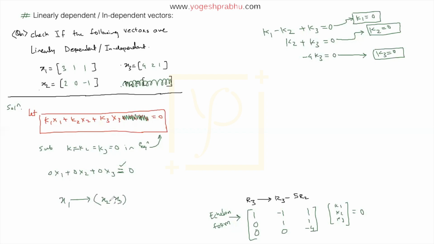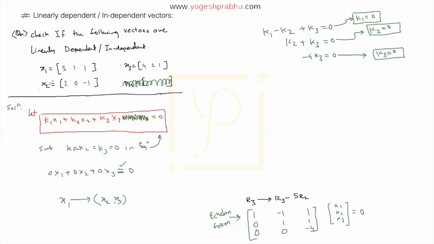And hence we have proved that all the vectors given to you, that is x1, x2, and x3, are independent vectors. One vector cannot be expressed in terms of another vector. That's the whole conclusion of this point. In the first problem we solved, the vectors were dependent, and we could get an expression where we can write one vector in terms of another vector. But in this case, they are absolutely independent and we have no expression as such.